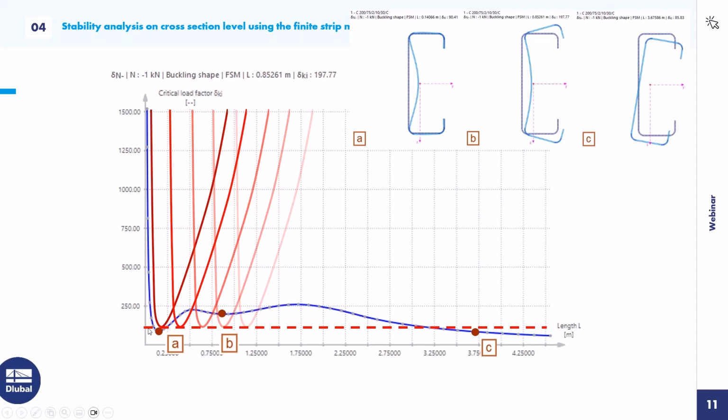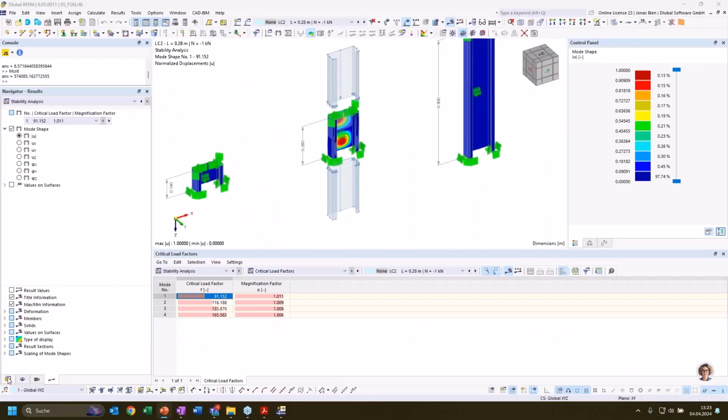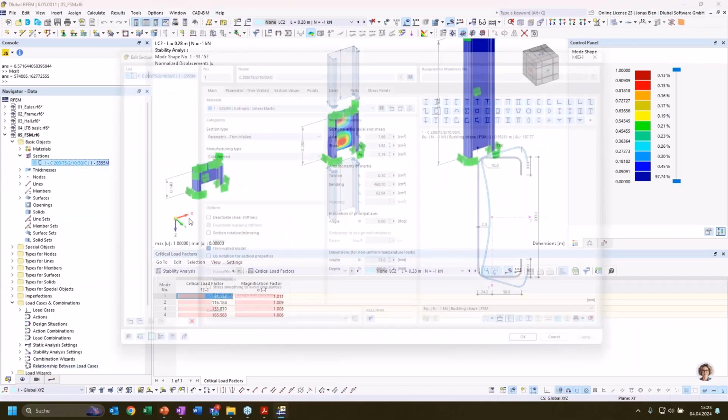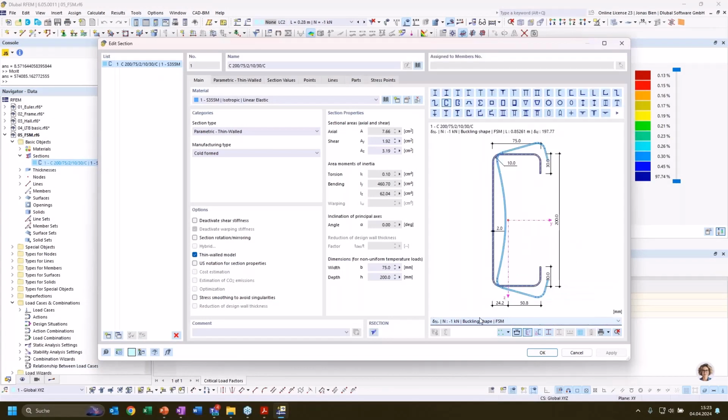And if we compare this with the signature curve, we get a feeling at what member length global buckling becomes relevant again before we have local stability failure. This is a nice tool to get a feeling for which stability phenomenon can be an issue for my cross section.